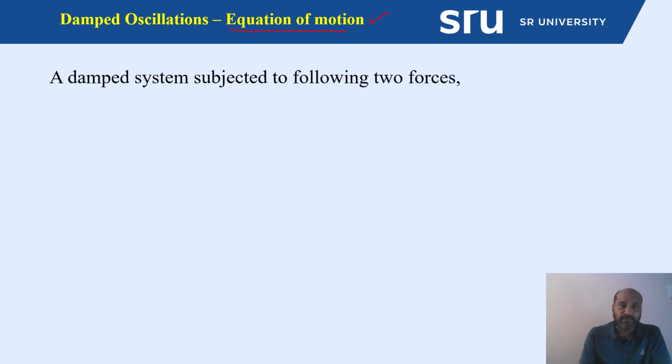Now we'll go to the equation of motion, which should be in second order differential equation form mathematically. And as we said earlier, this damped system is subjected to two forces.